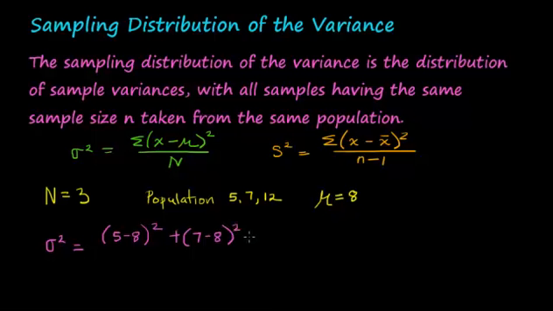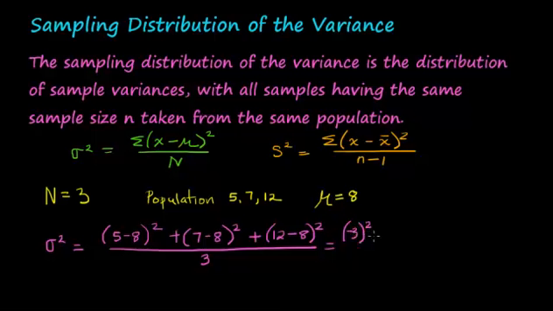The mean is 8. We're summing all these differences, and then the last one was 12 minus 8 squared, and all of that over our population size of 3. So let's see what we get. 5 minus 8, that's negative 3 squared, plus 7 minus 8, that's negative 1 squared, plus 12 minus 8, that's 4 squared, all divided by 3.